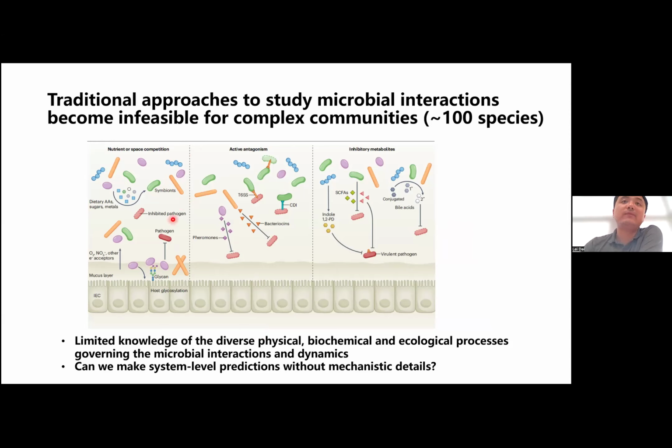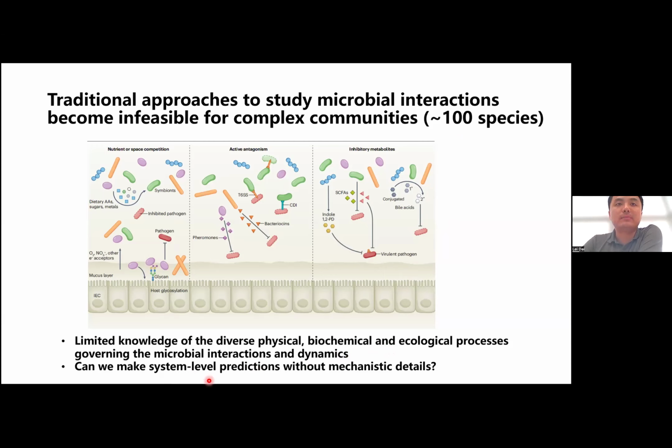There are definitely a lot of interesting mechanisms like the type 6 secretion system, also short-chain fatty acids. There are just so many of them, but we have very limited knowledge of the diverse processes governing microbial interactions. If you have 100 species, then you have around 5,000 pairwise interactions. So it's just impossible to figure out all of them.